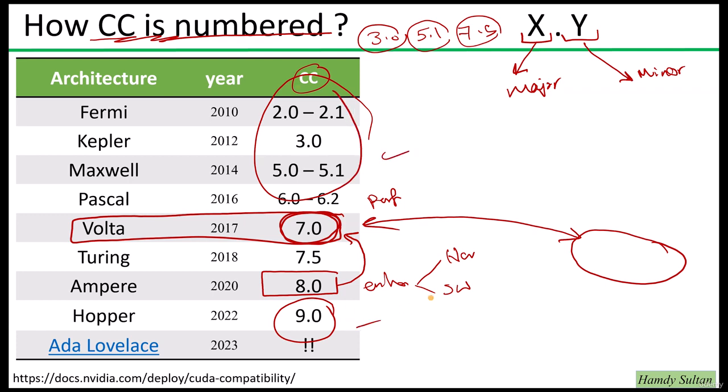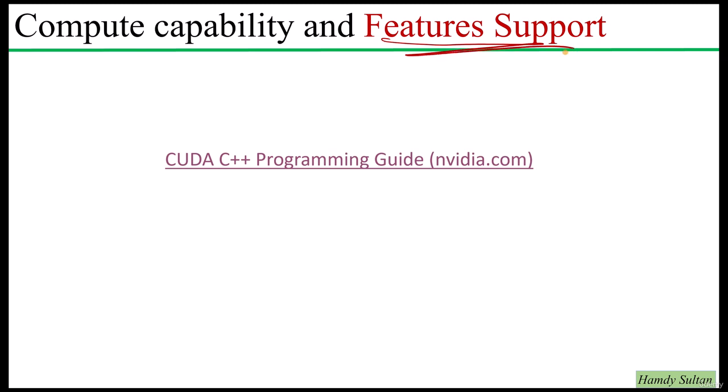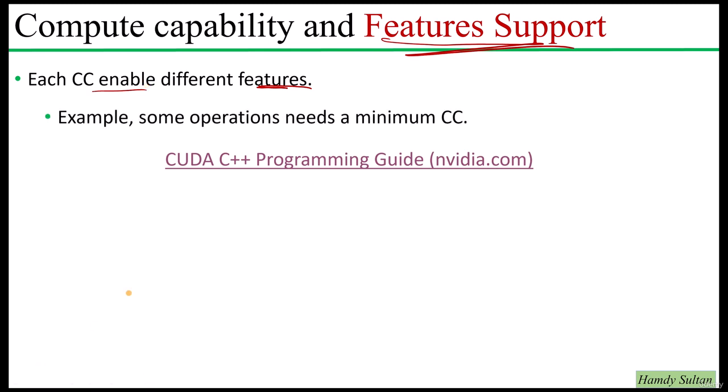Now let's discuss the second point in this video, the feature support. Different versions of compute capability enable different features. This can include the types of mathematical operations that the GPU can perform, the level of parallelism it can handle, the memory access capabilities, and other features.